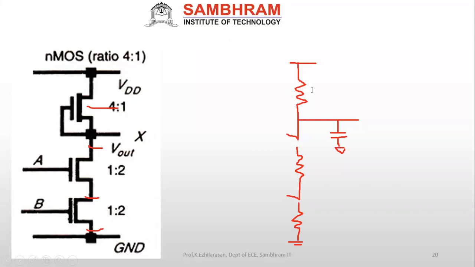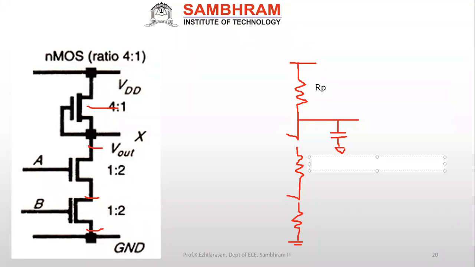This is RP, because it is the pull-up resistance. Then RN1 and RN2; instead, I will name them with A and B, better.